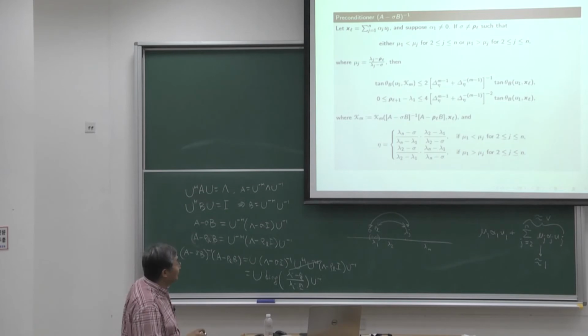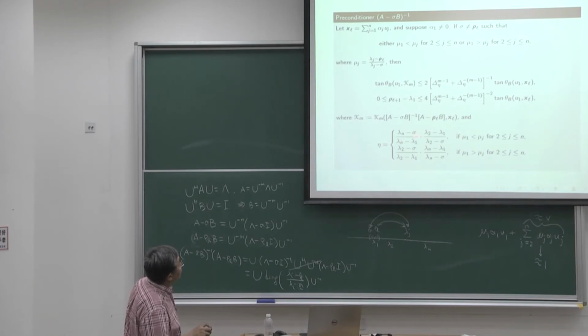The ideal case will be 0, then you get convergence. So we need eta to be close to 1. Then you look at this expression right here. This expression becomes the product of 2. There are two cases: if mu1 is the smallest, or mu1 is the largest. Let's look at just one of them. The other is basically the same.